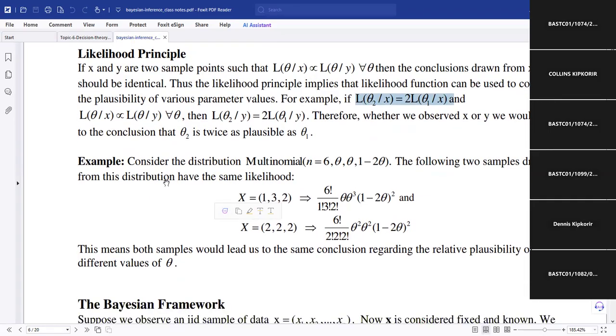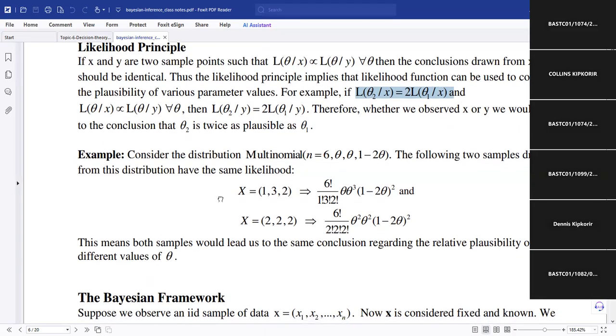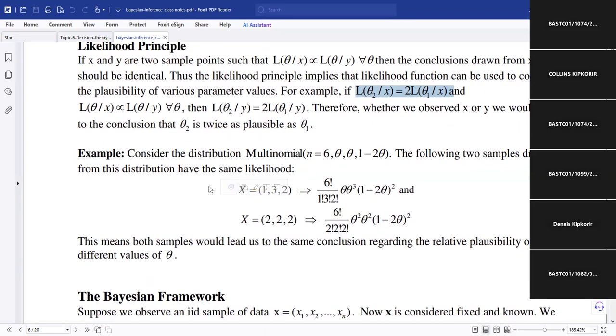And taking this example of a multinomial, n is equal to 6, we have theta, theta, and 1 minus 2 theta. So the following two samples are drawn from this distribution with the same likelihood. We have an x which has the observations 1, 3, 2.